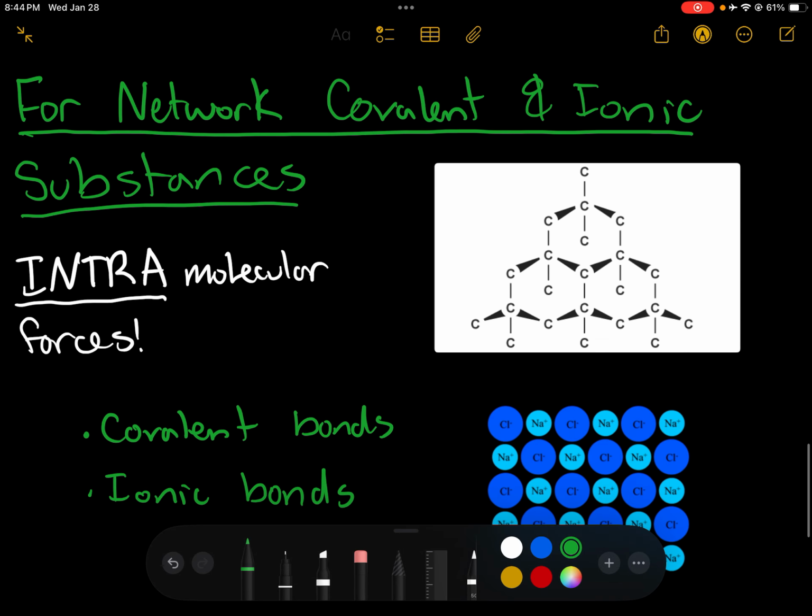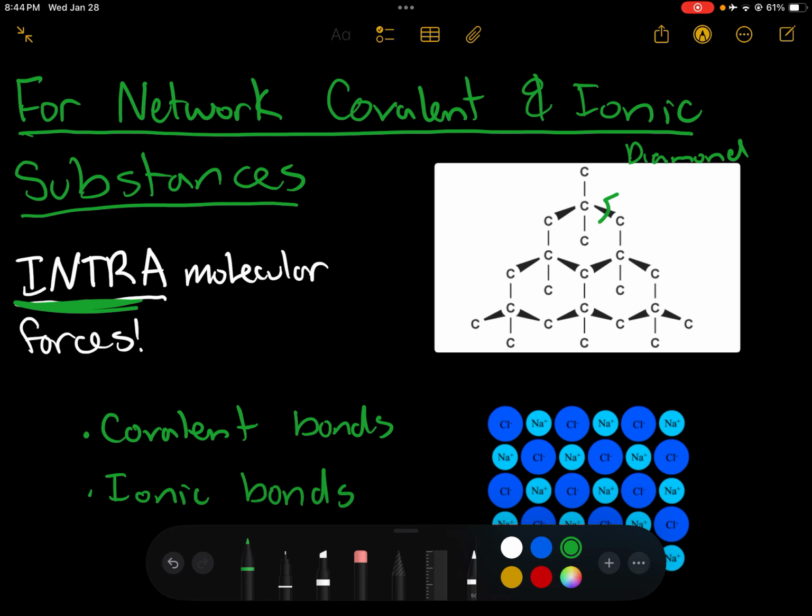However, if your substance is not a molecular covalent substance, let's say it's a network covalent or an ionic substance, we're not breaking intermolecular forces. Now we're breaking intramolecular forces, because the special thing about network covalents and ionics is that that big lattice structure is all one molecule. So let's say I was melting a diamond, like in this top picture.